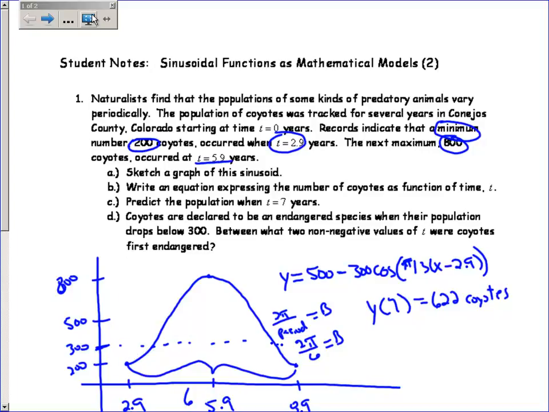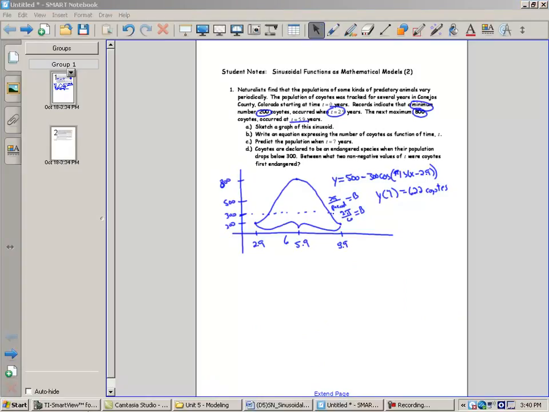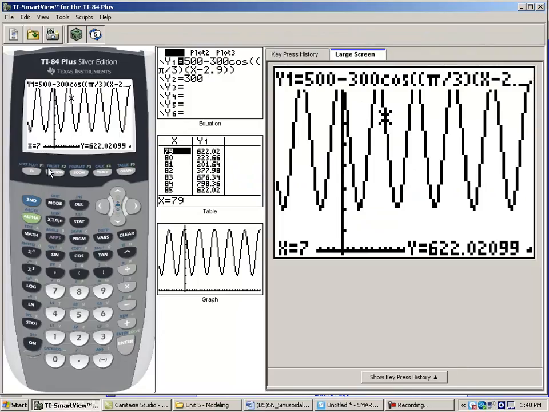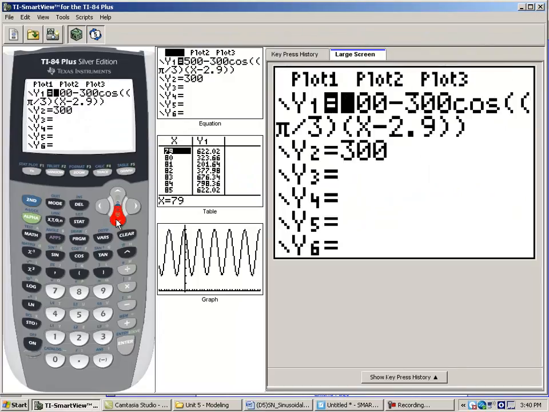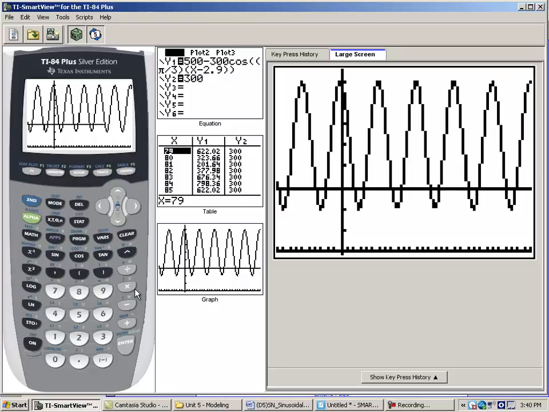So let's go back to the calculator and let's graph the line y equals 300 and take a look. And I can see that it actually did come back up and hit 300. So I'll be looking at these 2 points right here. Between what two values of t were they first endangered? So I'll need to find those first 2 points. Let's see if I can do this correctly.